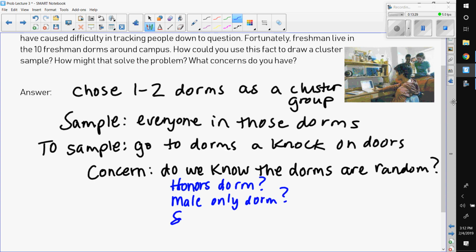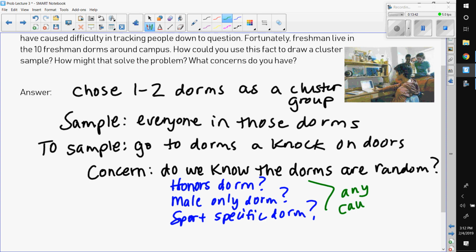Is there a sport-specific dorm? Are any of these going to influence the results? Do any of these cause any bias to the question that I'm asking? So that could pose a problem. There are going to be ways that we see bias in a lot of things.